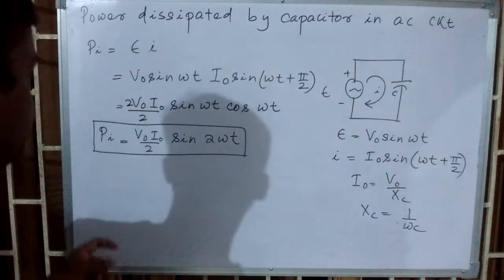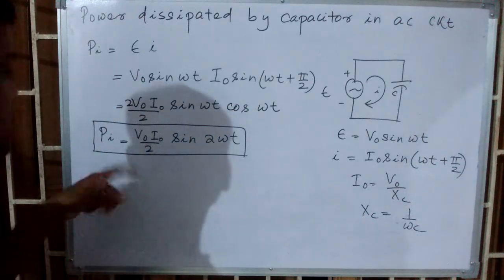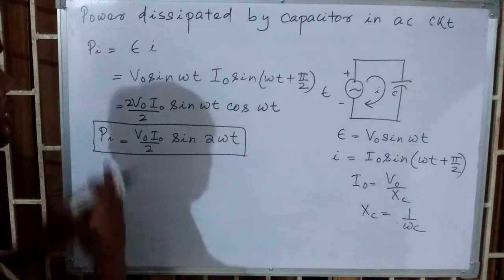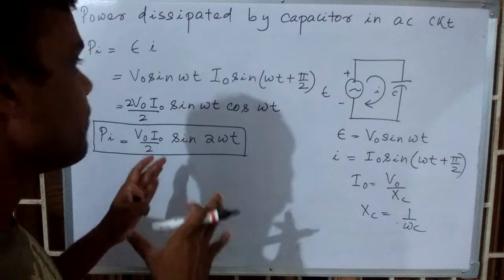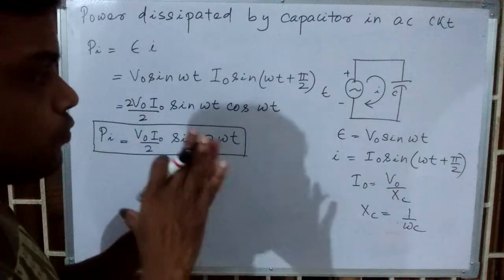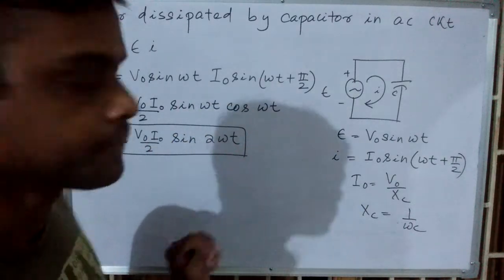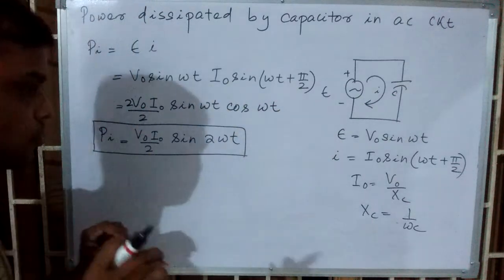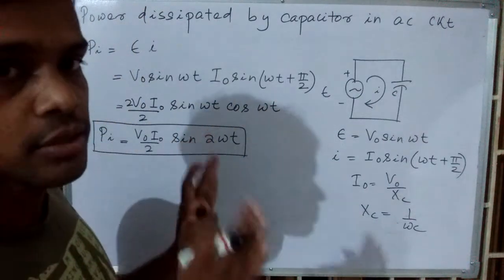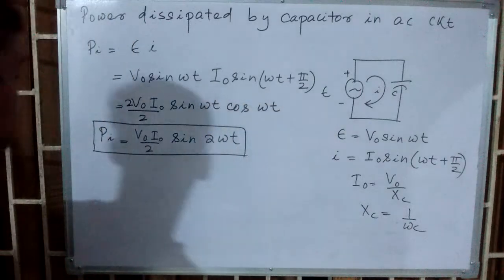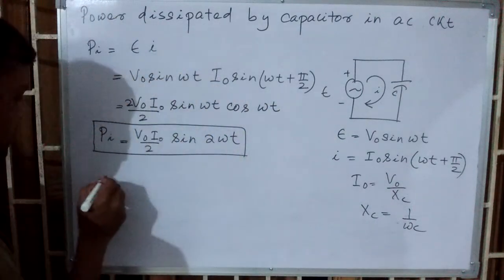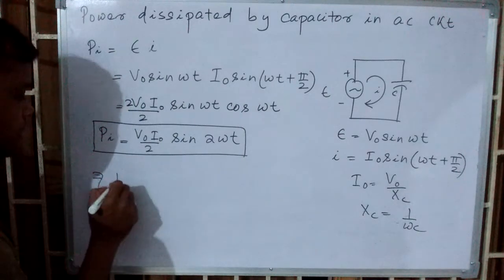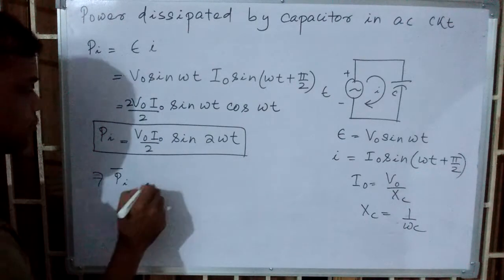Now this is the instantaneous expression. From this expression we shall go for finding the average power dissipated by the circuit over one complete cycle, as we already have done in the case of the inductor. So how to do it? We have to take the average on both sides.